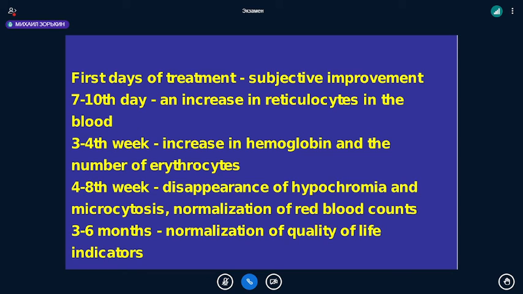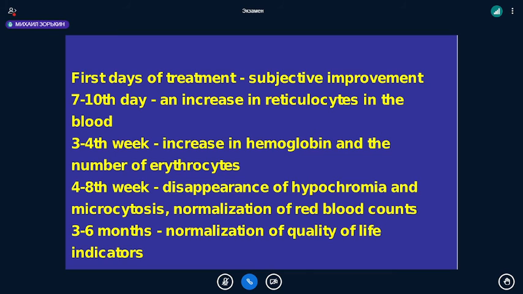In the first days of the treatment, subjective improvement. Only some complaints will be slightly decreased. By the first week of the treatment, if our treatment is effective, we will see an increase in the reticulocytes in the blood. It is very fast, I would say, the earliest changing sign that we will detect.